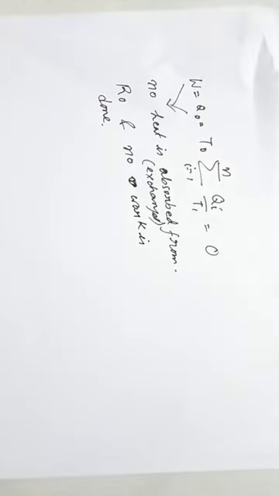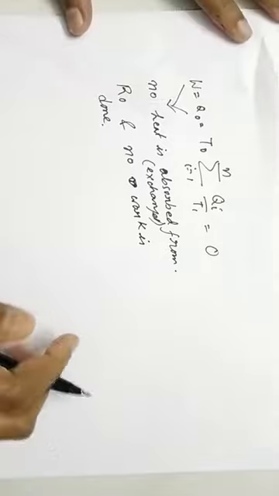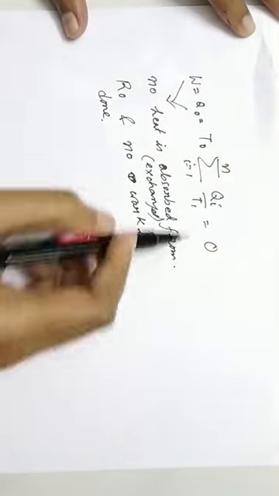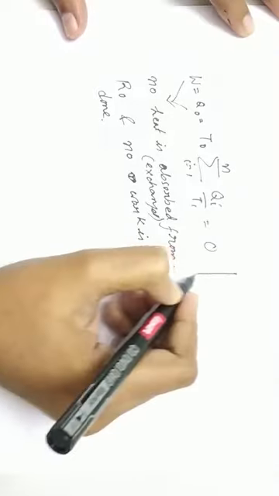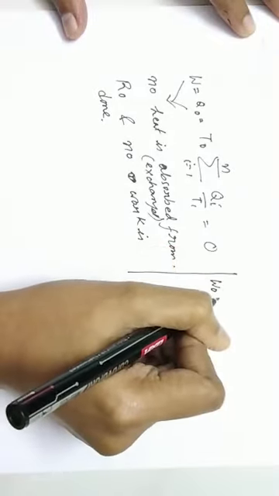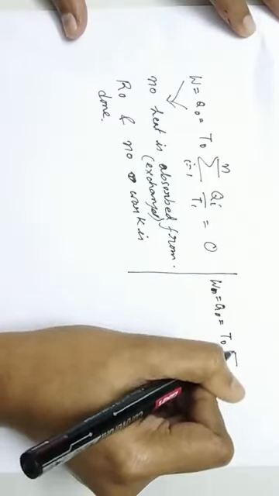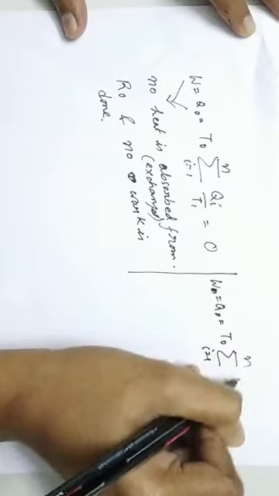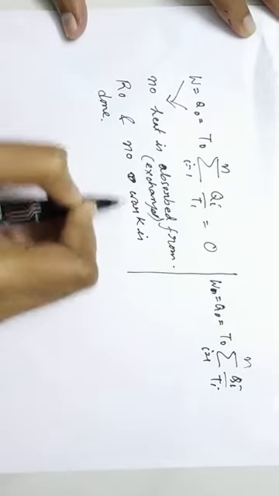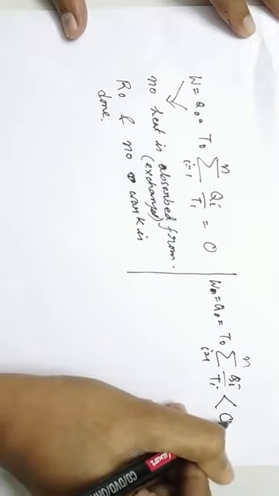We have said that the work done or this heat Q0, this relation cannot be positive. This term has to be either equal to 0 or negative. So it can be either 0 or negative.